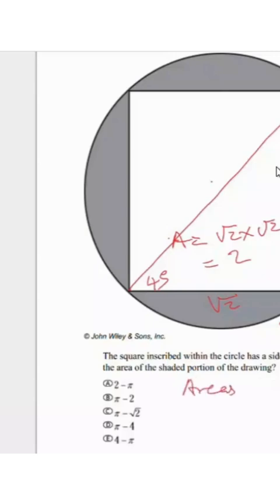The area of the circle is pi r squared. That is pi times 1 squared. So the area of the circle is pi. Area of the shaded is area of the circle minus area of the square, which is pi minus 2.